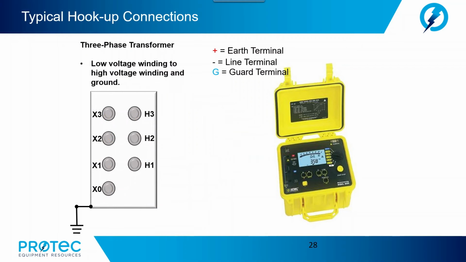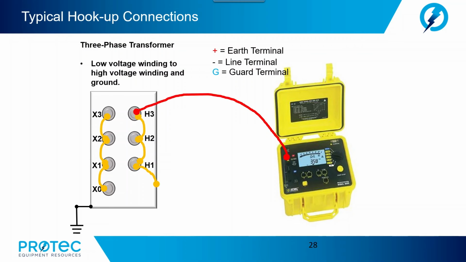All right, our next one, low voltage winding to high voltage winding and ground. So this is going to be similar in configuration to when we did the high voltage winding to low voltage winding and ground. Once again, we're going to short out the windings. We are going to jumper the high windings to the chassis ground. We are going to short out the windings on the low voltage side.